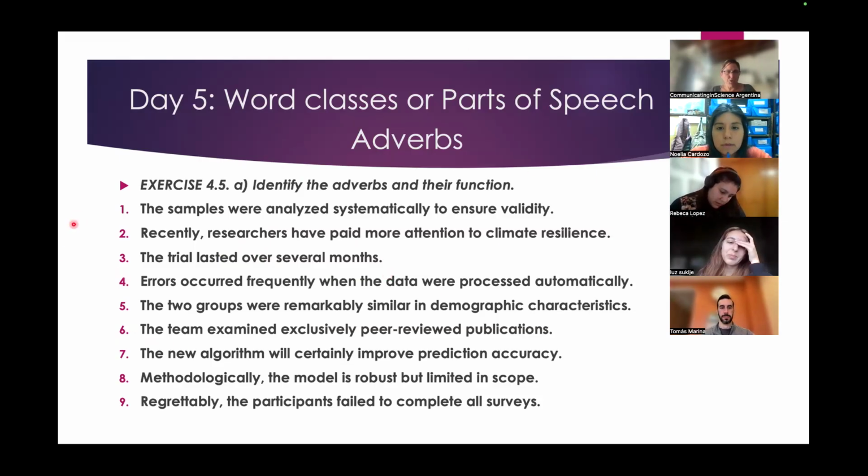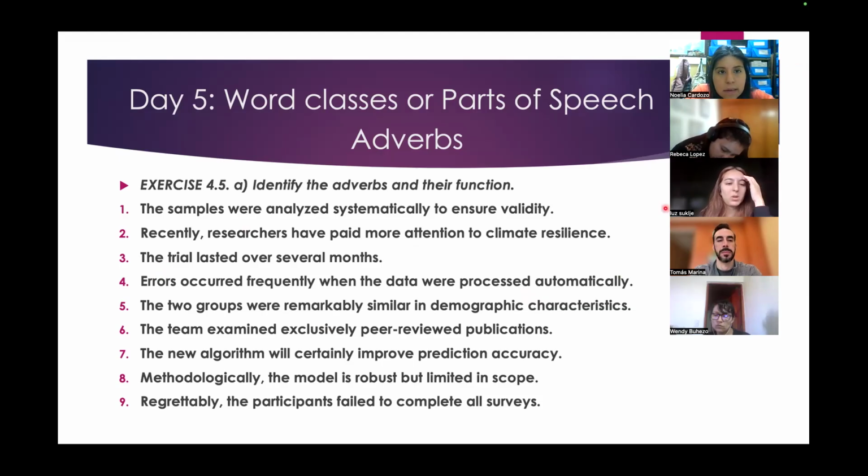Okay, who wants to go with number 4? Errors occur frequently when the data were processed automatically. Okay, perfect. There could be 2 adverbs. Yes, frequently and automatically. You're correct.